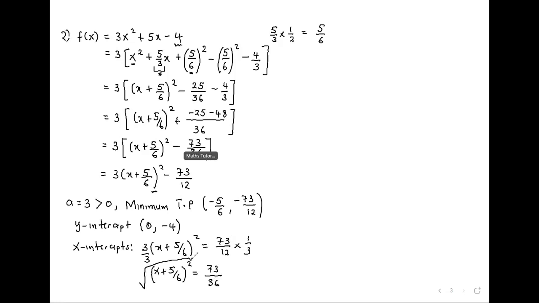Then you square root. So we get x plus 5/6 is equal to plus or minus the root of 73/6. So x is equal to -5/6 plus or minus the root of 73/6.